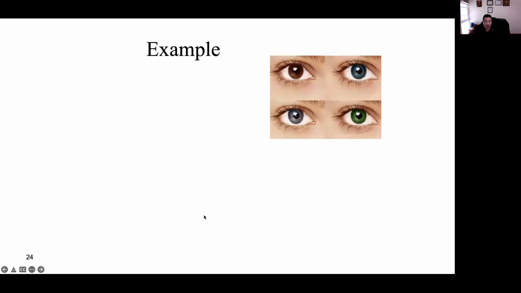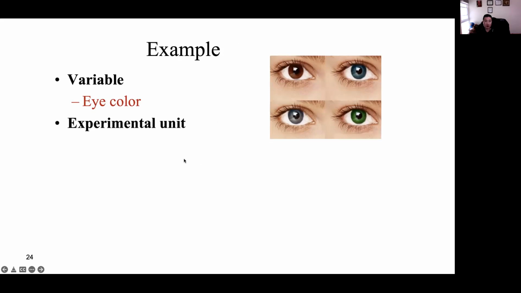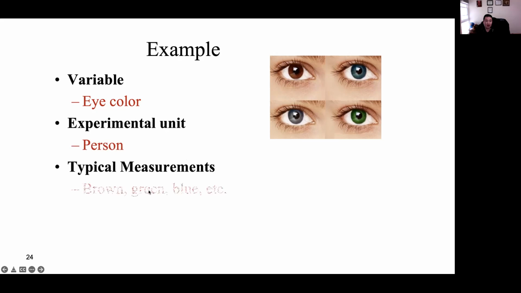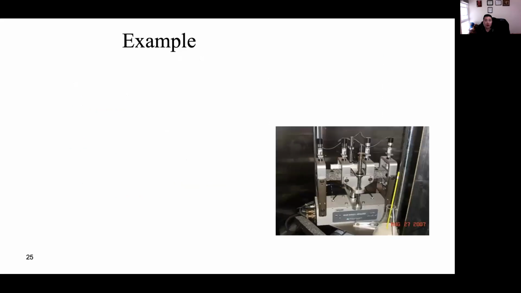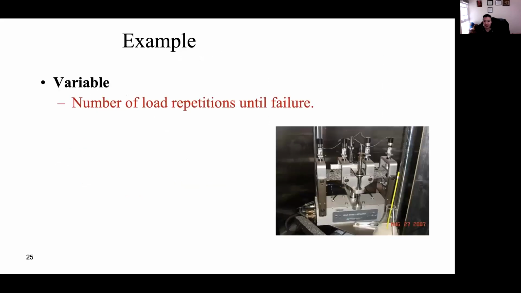Another example, the variable is the color of eye. We have brown, green, and so on. And the experimental units will be people. A typical measurement will include the color of the eye: brown, green, blue, and so on. Another example, this is again an asphalt concrete beam.